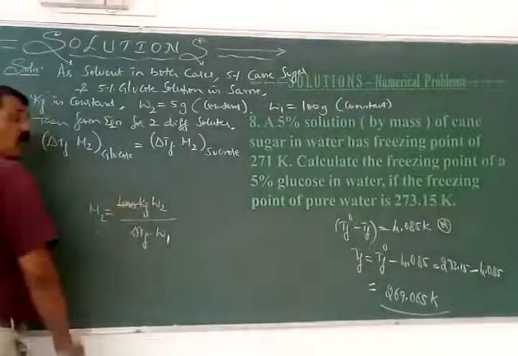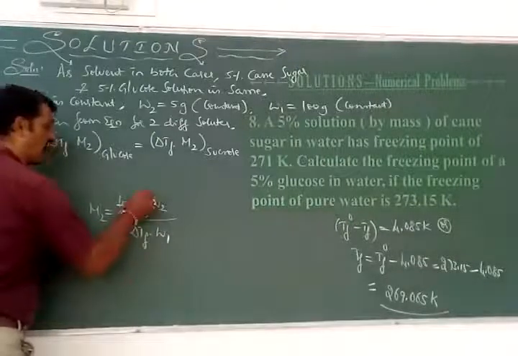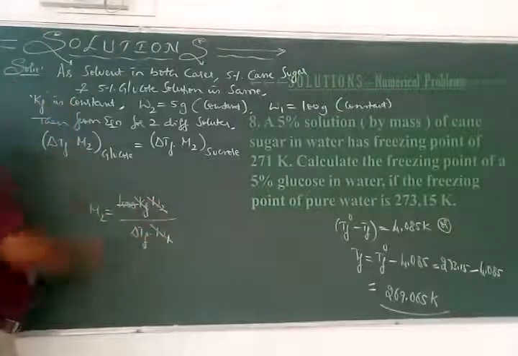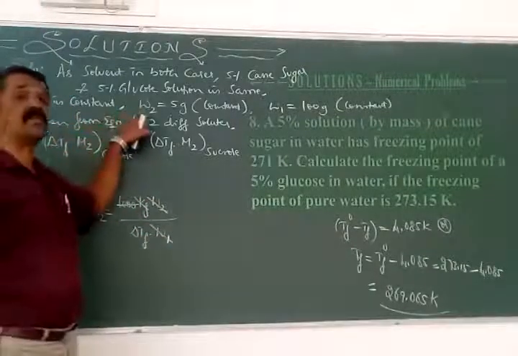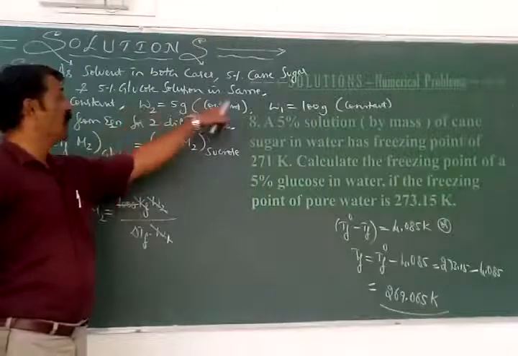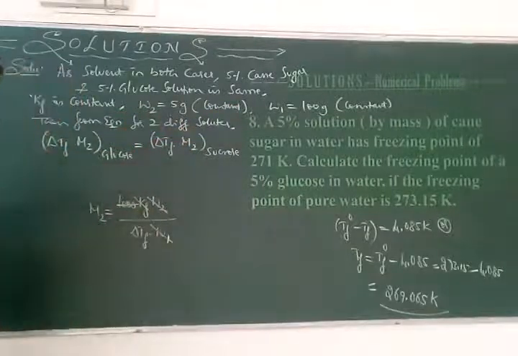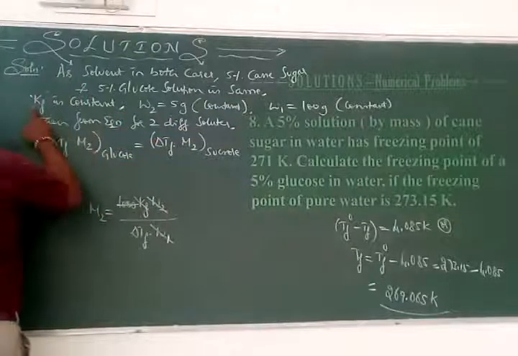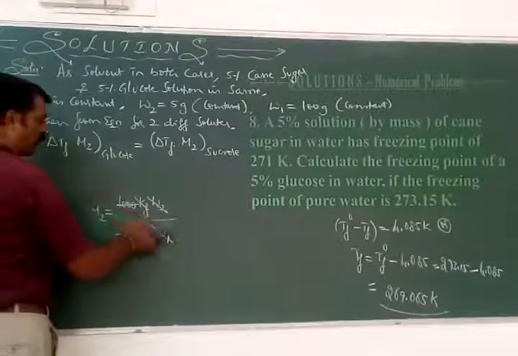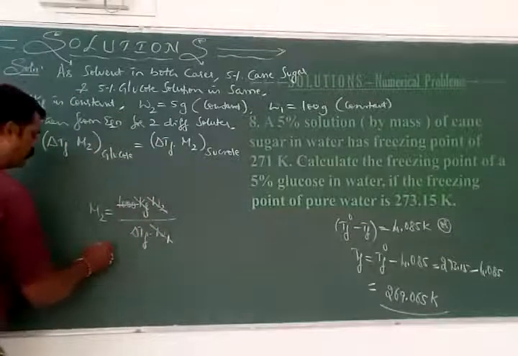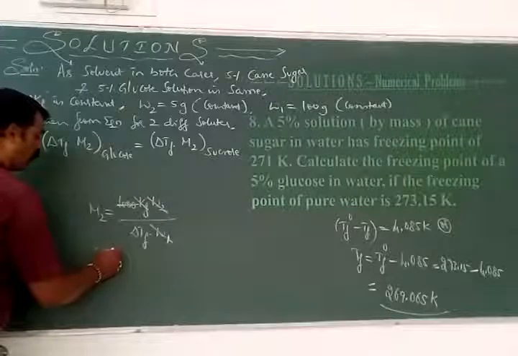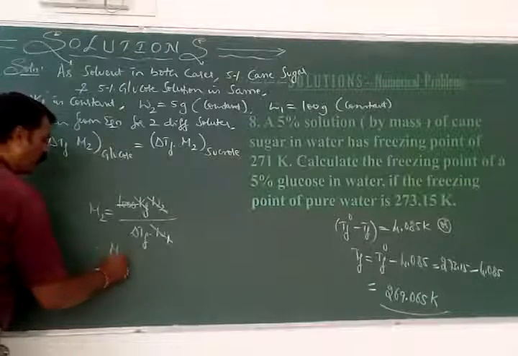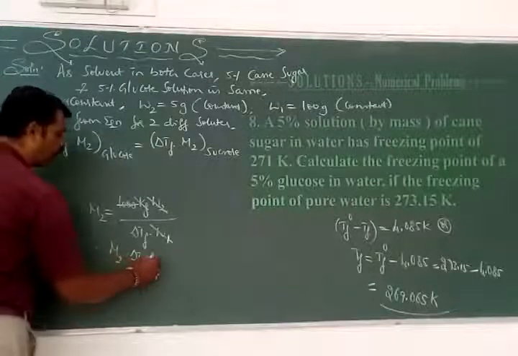So 1000 is constant, Kf is constant, W2 is constant, W1 is constant. Why? In both the cases it is 5%, meaning W2 is 5 grams and W1 is 100 grams. As it is the same solvent, Kf is also constant. Therefore, M2 into delta Tf is equal to constant.